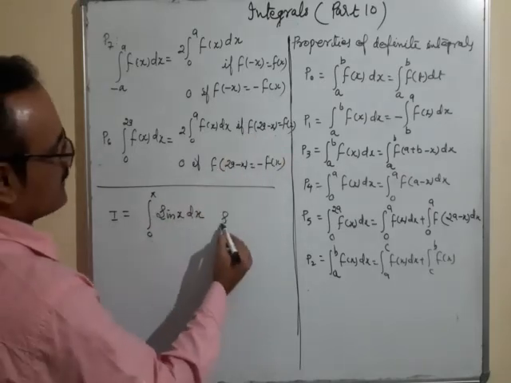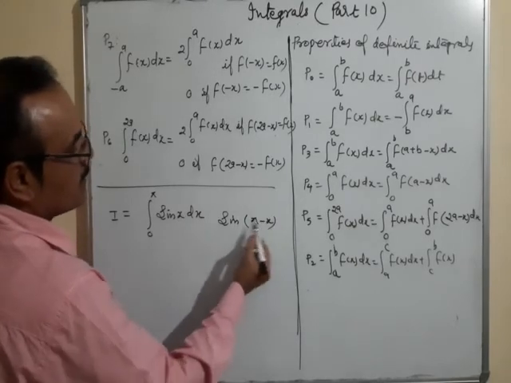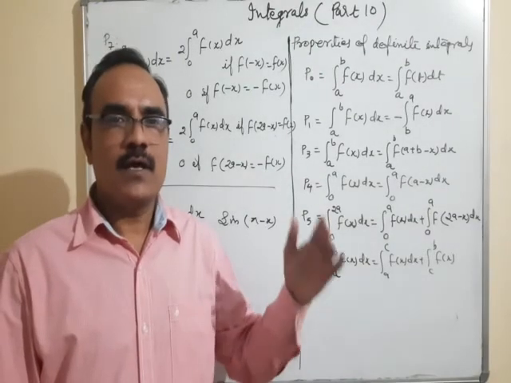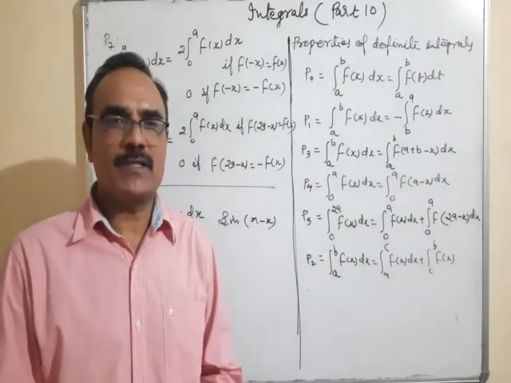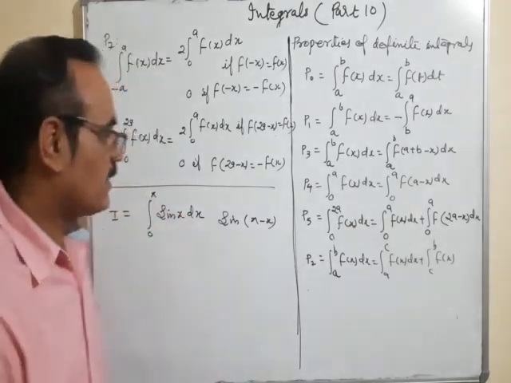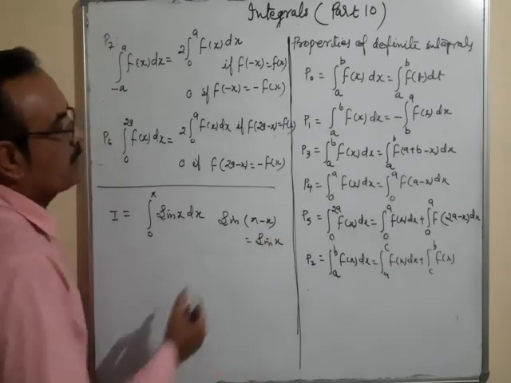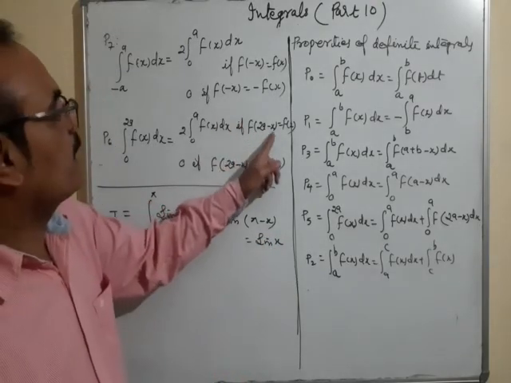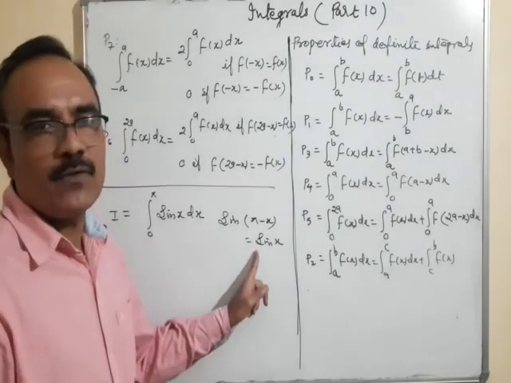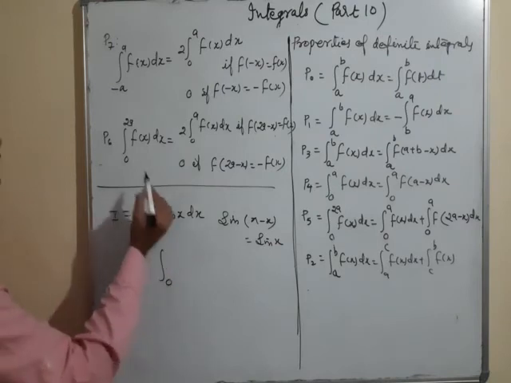So I can put here sine of pi minus x. Sine 180 minus x, in the second quadrant, sine remains positive, and sine of pi minus theta is sine theta. So sine of pi minus x is equal to sine x. What does it mean? f of 2a minus x is equal to f of x, because no minus sign is coming out.